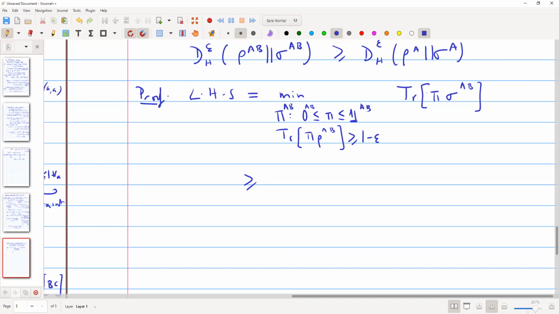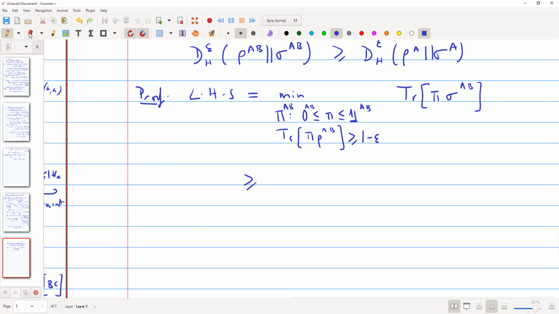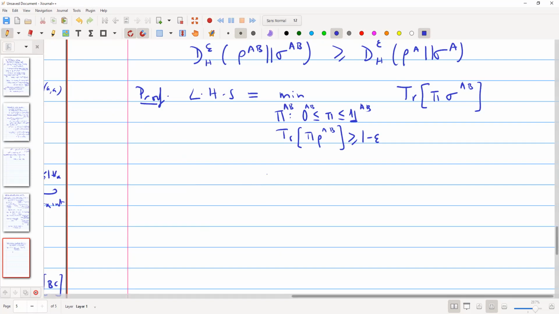Now, of course, if I reduce my feasible set, so if I'm not looking at all the possible pi's but only a subset, then the minimization will not be so good. In other words, this will be less than or equal to the minimum that I would get by restricting my feasible set. So this is my restricted feasible set.